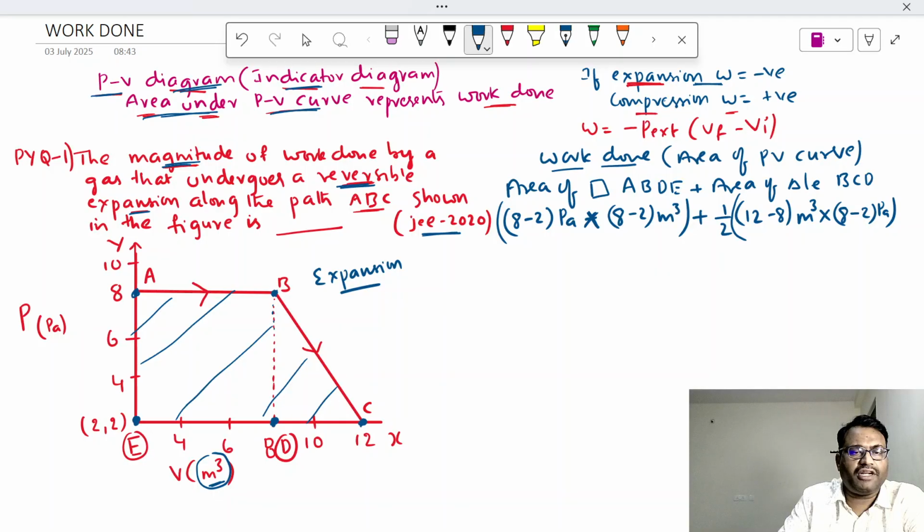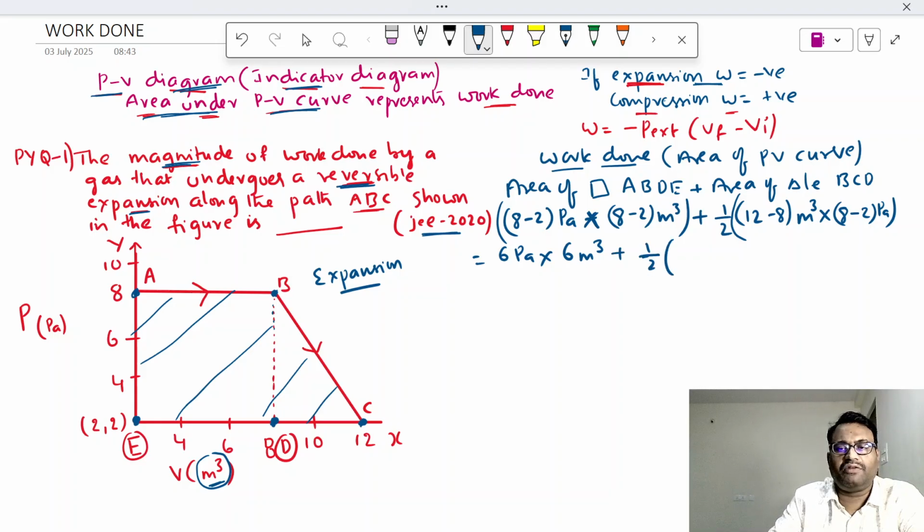So we have calculated this into this, right? Then what do you get? 8 minus 2, 6 Pascal into 8 minus 2, 6 meter cube, plus half into 12 minus 8 meter cube into 8 minus 2. 12 minus 8 is, what is 12 minus 8?